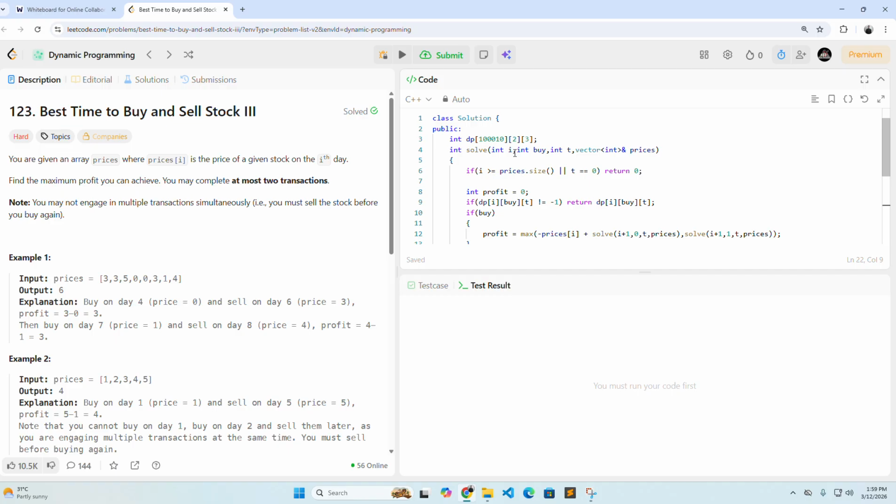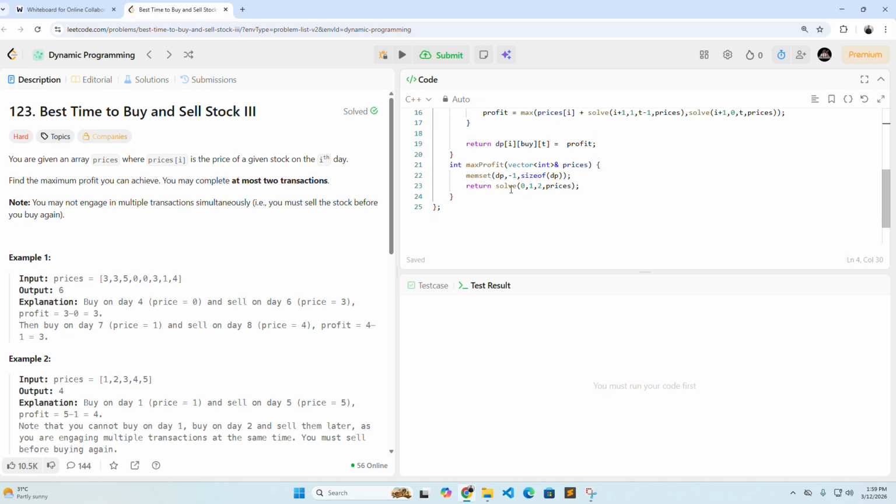Then I write a function solve with int i, which is for the index, int buy, which will denote whether I have bought a stock or not, int transaction, for how many transactions are left, and the vector of prices.